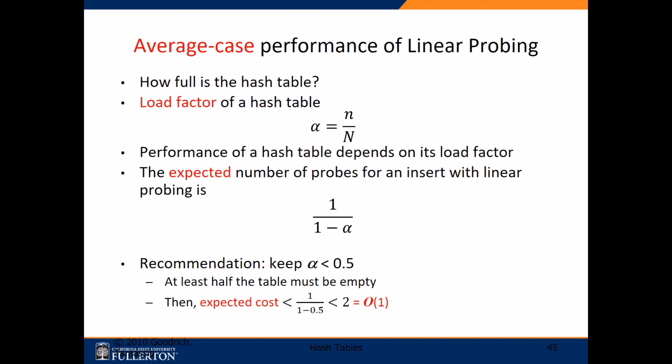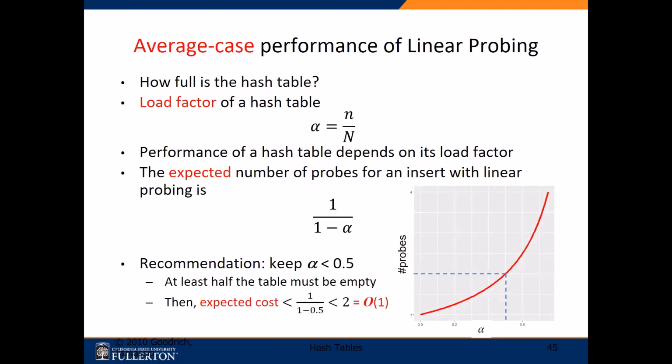So the performance or the cost of finding something in the hash table depends on alpha. Specifically, in the case of linear probing, and assuming that the hash values are like random numbers, the expected number of probes before I can do an insert is given by the formula 1 over 1 minus alpha. You can see that as alpha increases, the number of probes increases rapidly.